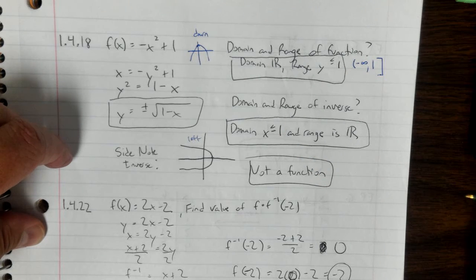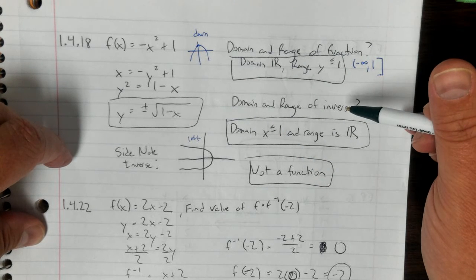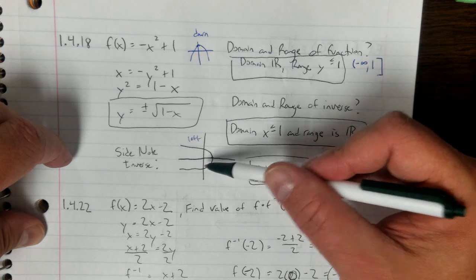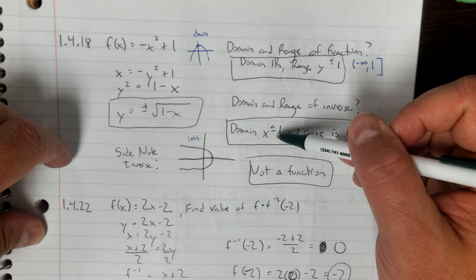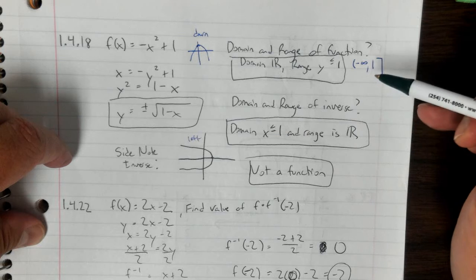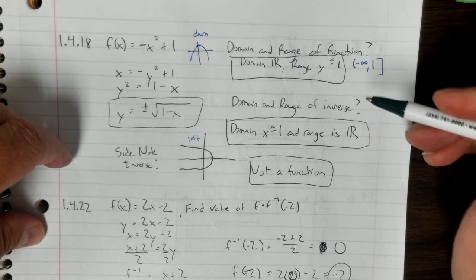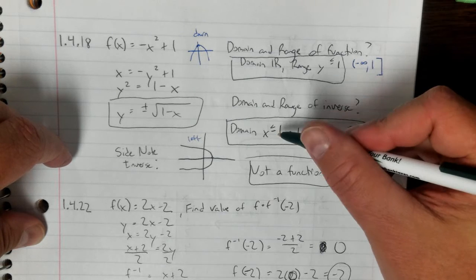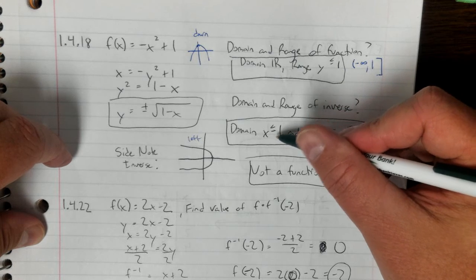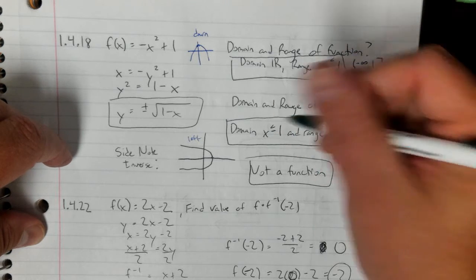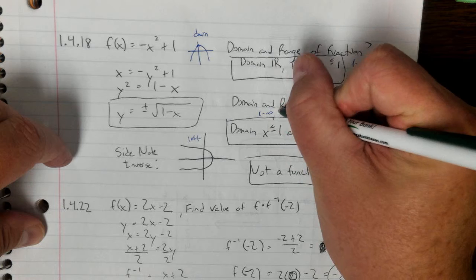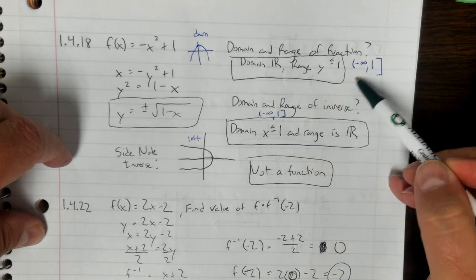So those are equivalent. Then for the inverse, it looks like this, so that's x less than or equal to 1. So how these are related is that the other way to write this would be negative infinity, comma 1 bracket. Notice these are identical.